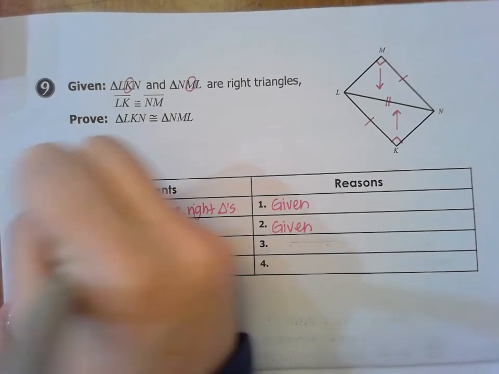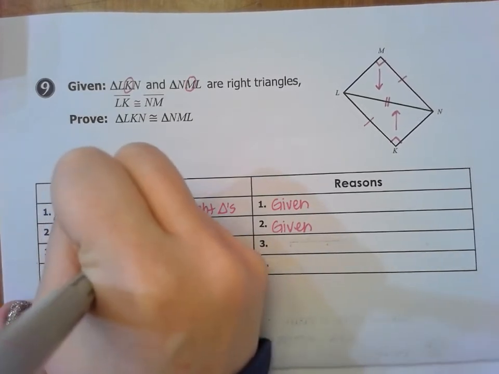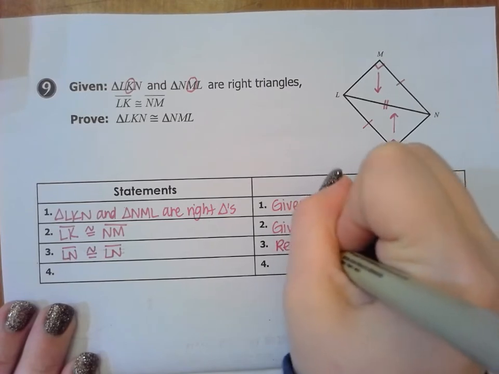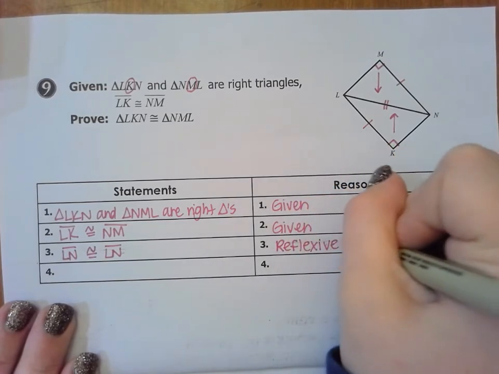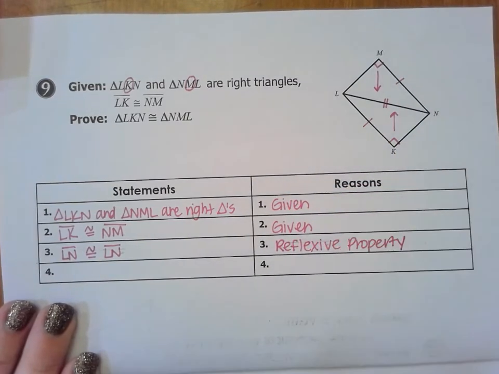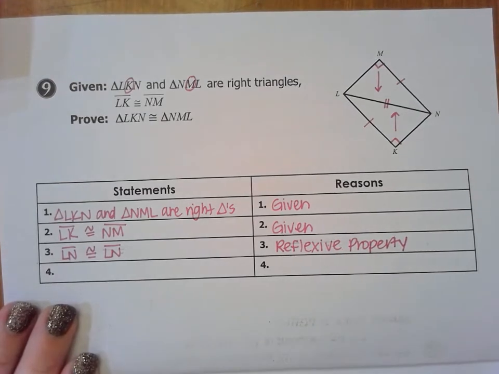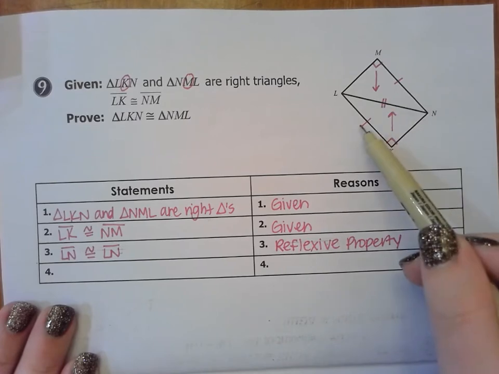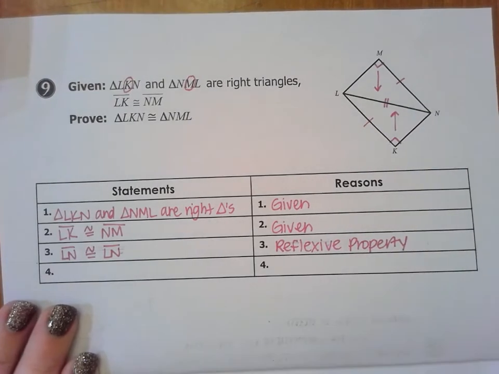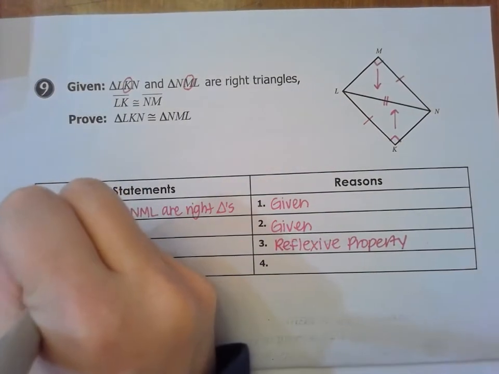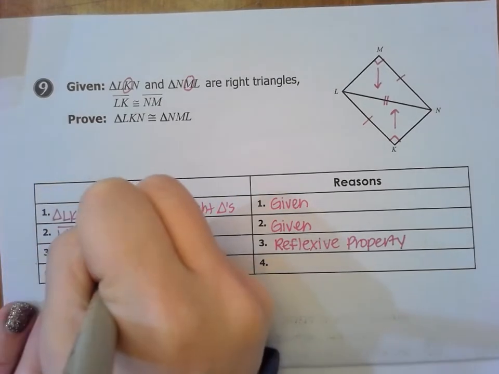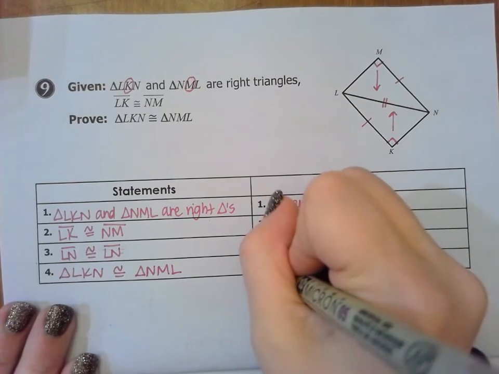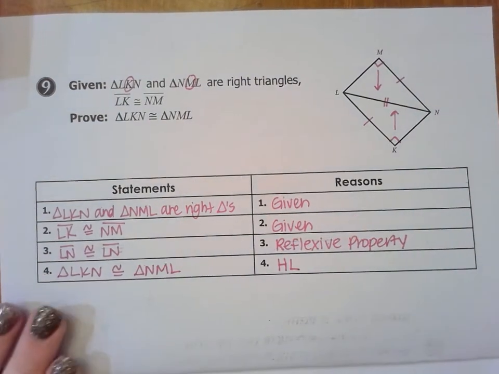So LN is congruent to LN by the reflexive property. We have hypotenuse and leg congruent to the hypotenuse and leg of the other triangle. So triangle LKN is congruent to triangle NML by the hypotenuse leg postulate.